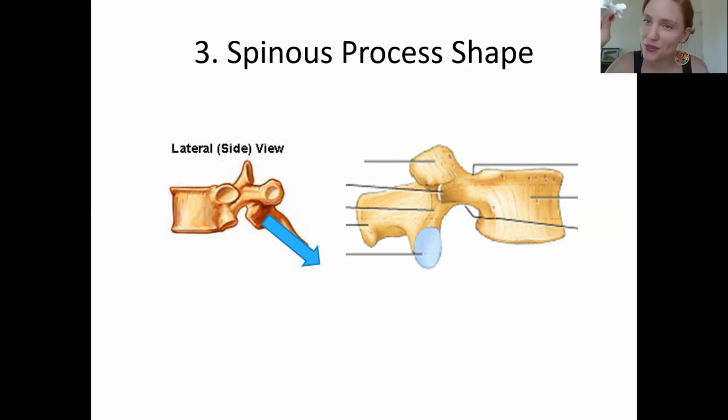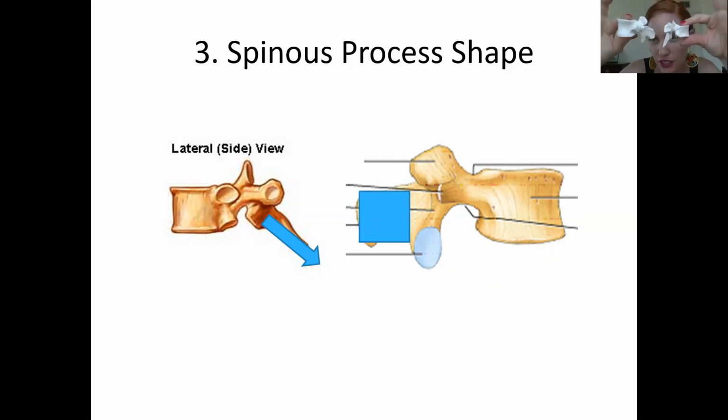Not perfectly, because we're not robots, but yes, much more square shape. That's going to be the lumbar vertebrae. Look at the difference. Okay, so I chose ones that had a pretty distinctive difference. You have a pointy one that points down, and one that goes right out, and it has more of a square shape to it. Okay, so thoracic, lumbar.